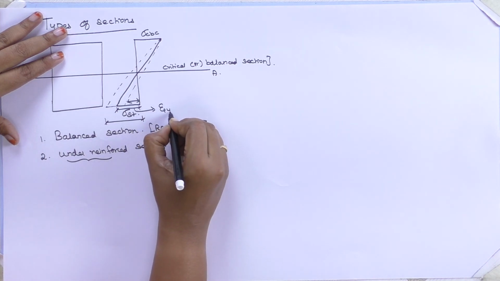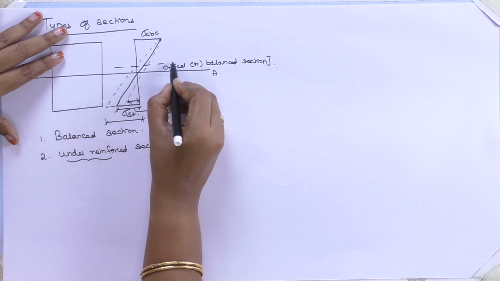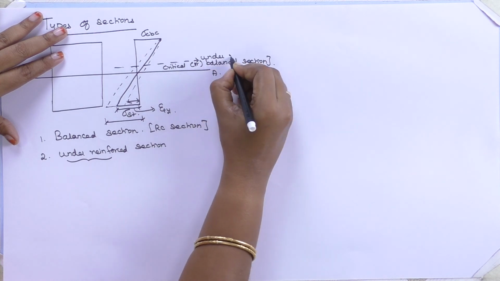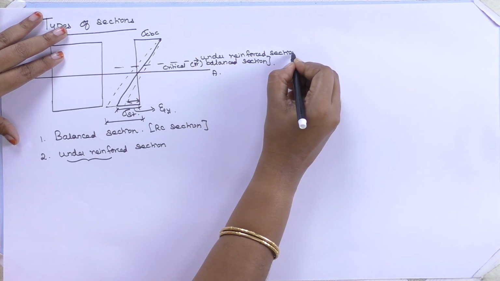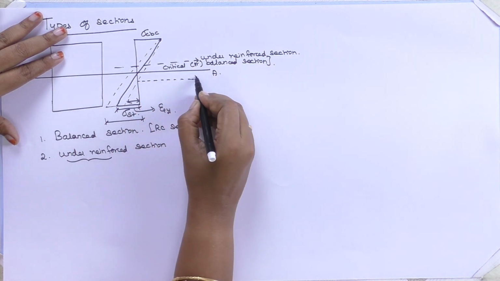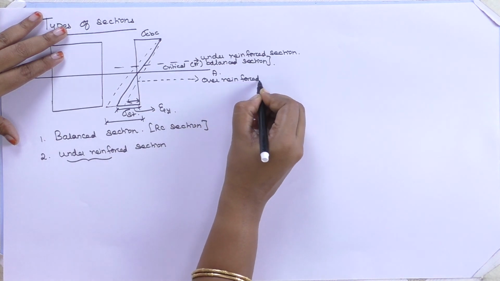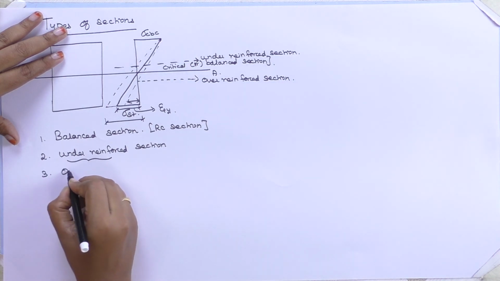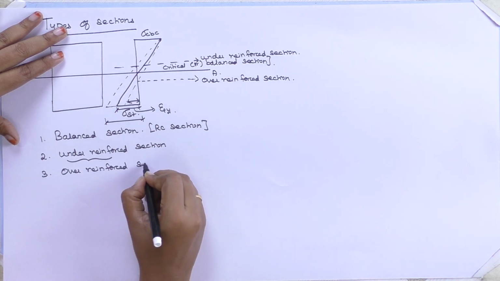the strain value. This is called as, here this line is called as under reinforced section. This line where it touches, this is called as over reinforced section. Third one, over reinforced section.